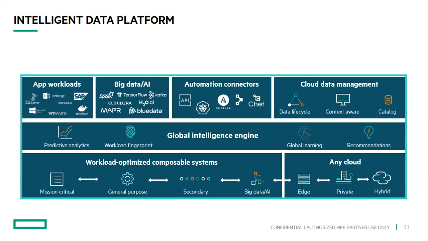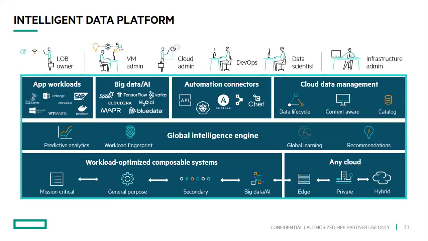For cloud data management, we have data lifecycle, context awareness, and different catalogs. On top, we have our users, maybe line of business, VM admins, cloud admins, DevOps, data scientists, and infrastructure administrators. So this is the Bible of the intelligent data platform, the strategy of the intelligent data platform.